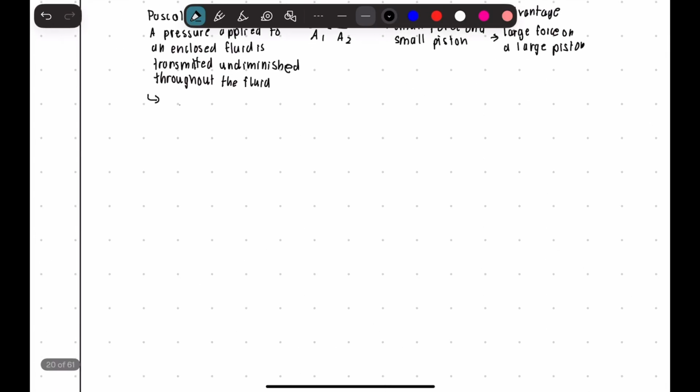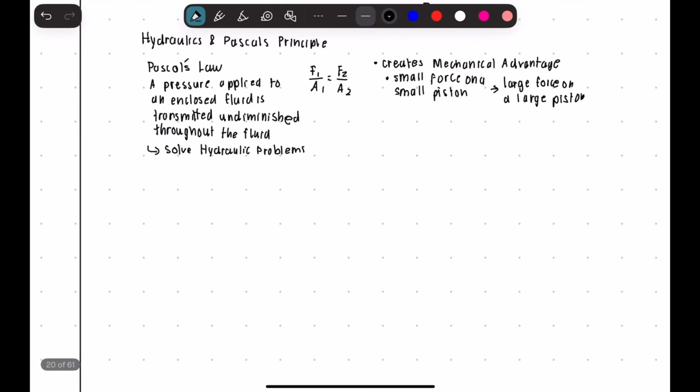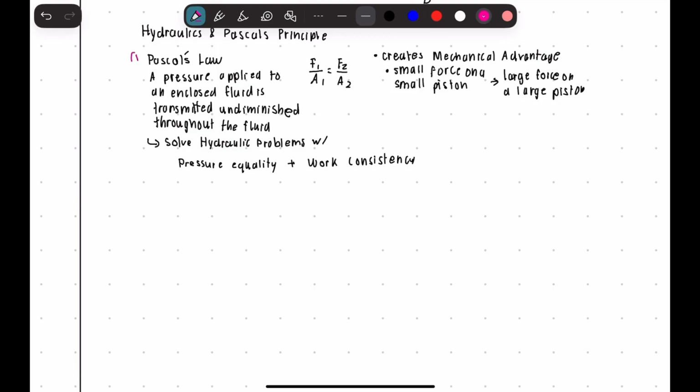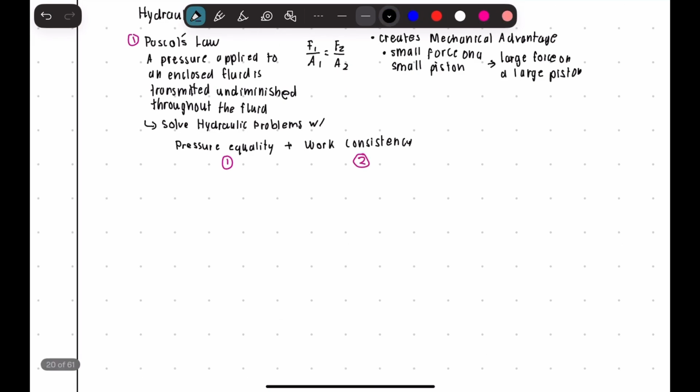And you can use it to solve hydraulic problems using pressure equality and work consistency, which states that F1d1 is F2d2.